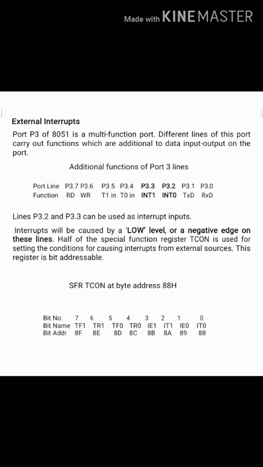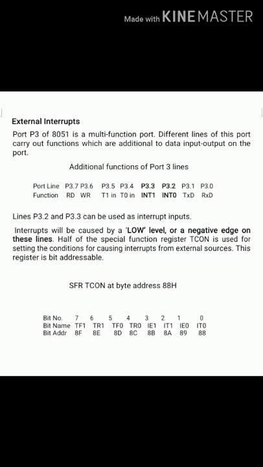Here, IT0 and IT1 pertain to external interrupt 0 and external interrupt 1. If these 2 bits are set, or any one of these bits is set, it means the external interrupt is going to be detected by a negative going edge triggered signal.